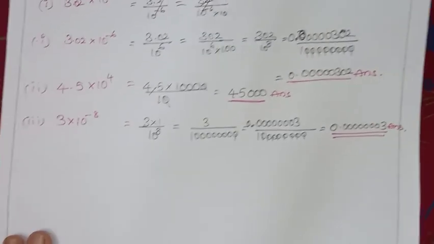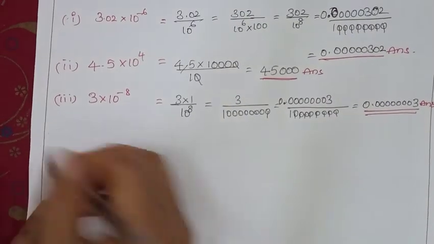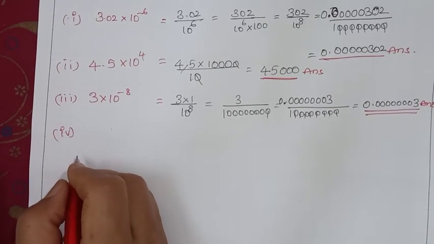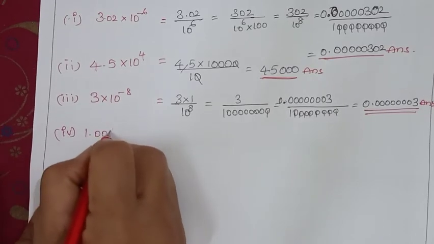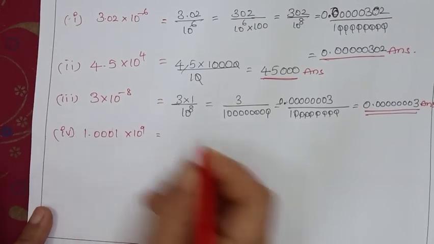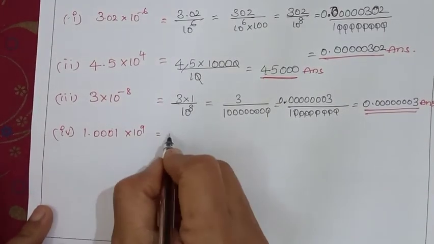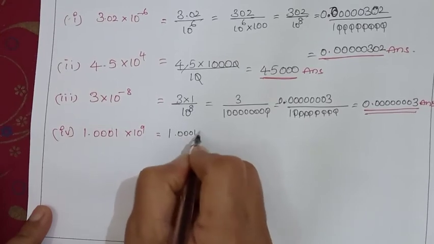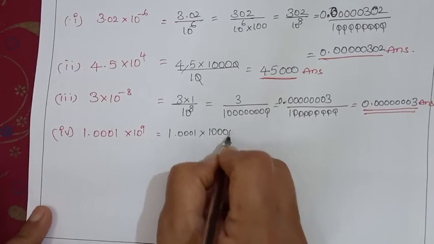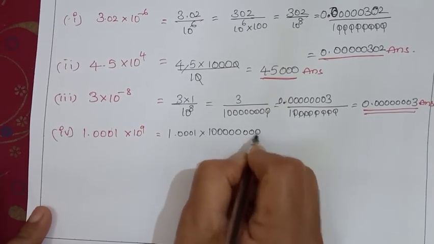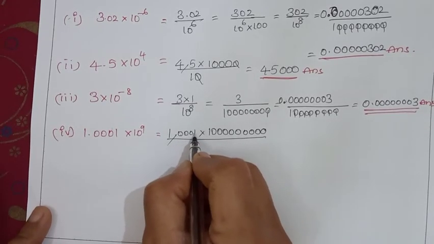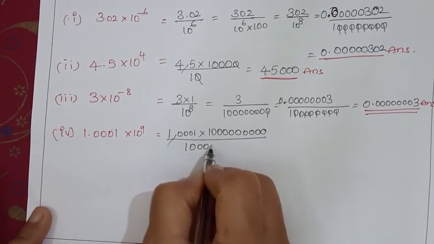Okay, children. Next question. Fourth one. 1.0001 into 10 to the power of 9. Okay. So 1.0001 into 10 to the power 9. 1, 2, 3, 4, 5, 6, 7, 8, 9. And I'm removing this, 1, 2, 3, 4 zeros I'm taking in denominator.